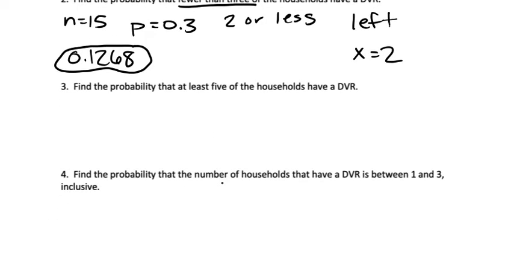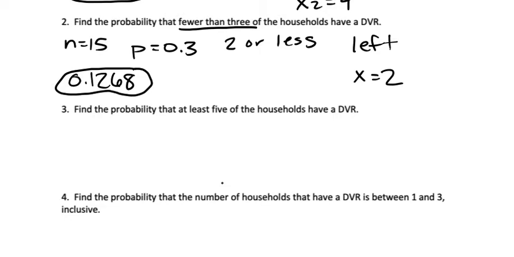Number 3 says to find the probability that at least 5 of the households have a DVR. So for this problem, it says at least 5, so that means 5 or more.